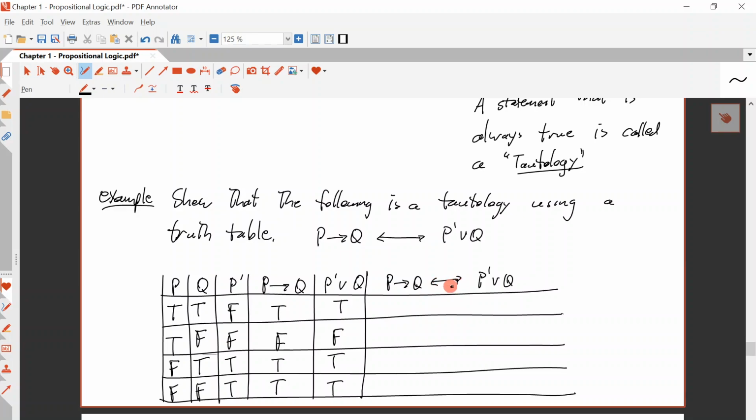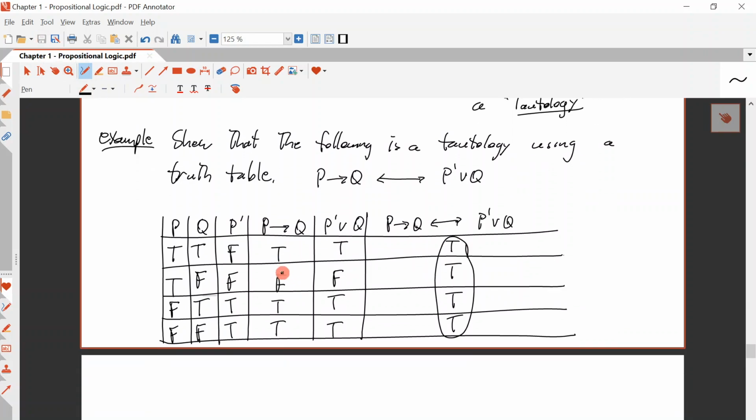Double implication is true when these are both true or both false. Well, here we have that they're always the same. They're both true in 3 rows, both false in 1 row. So this is always true, and therefore that's a tautology. So that's one well-known tautology.